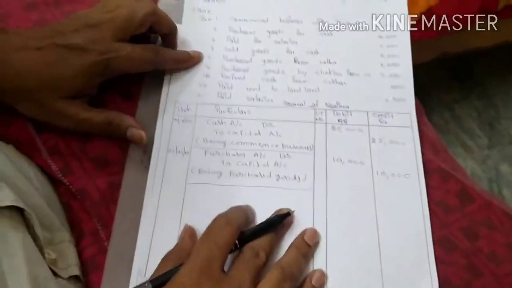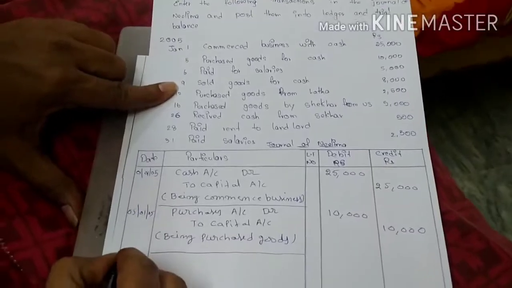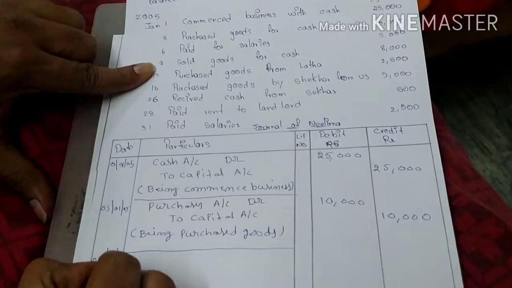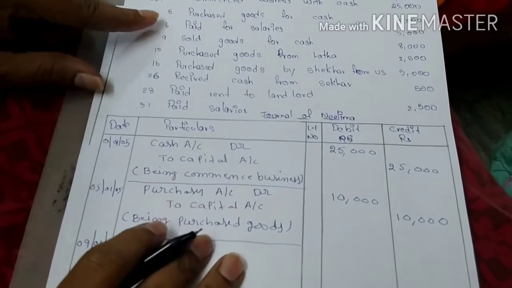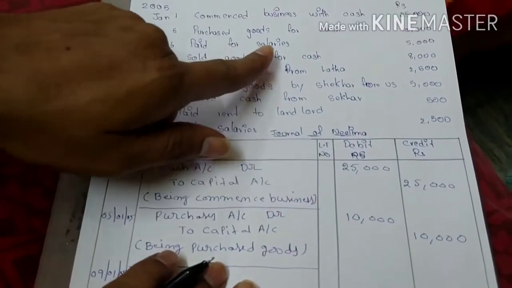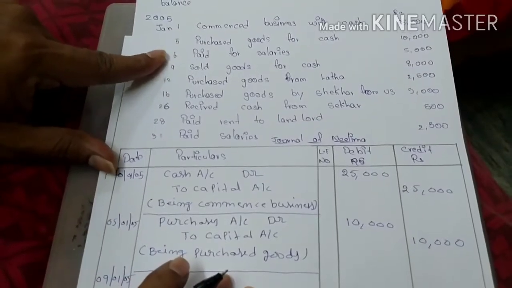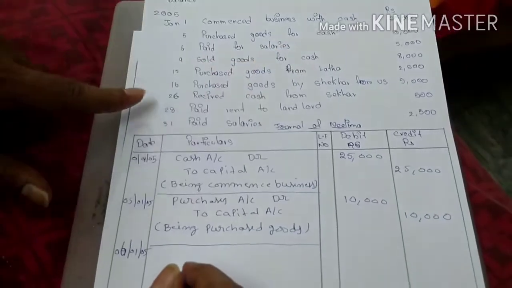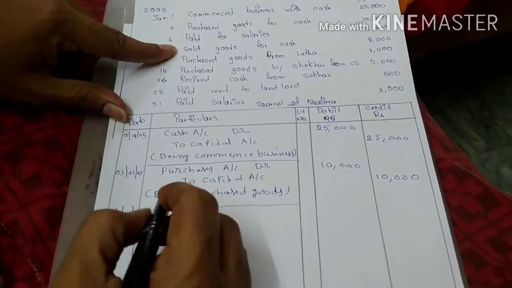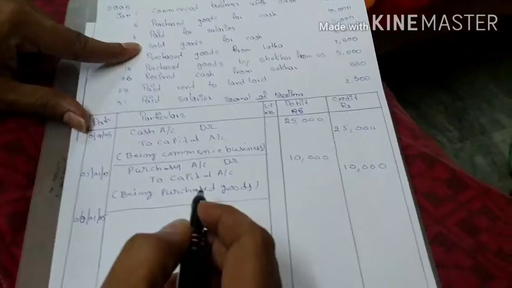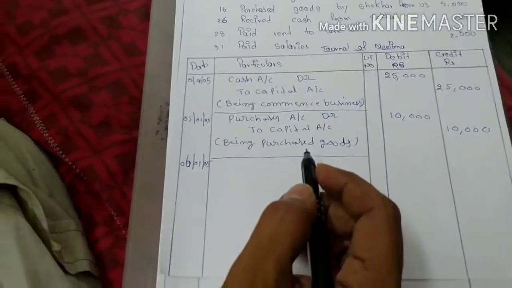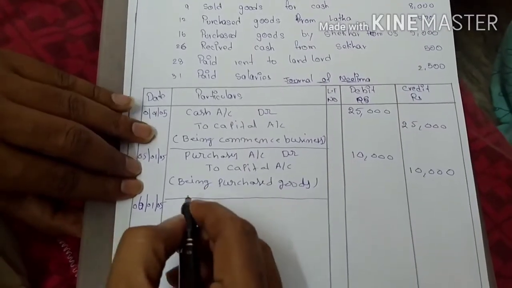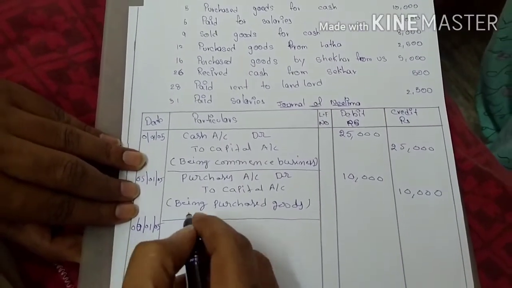Next, the third one, 6th January 2005, paid for salaries. All expenses can be entered as per the third formula, on the debit side.